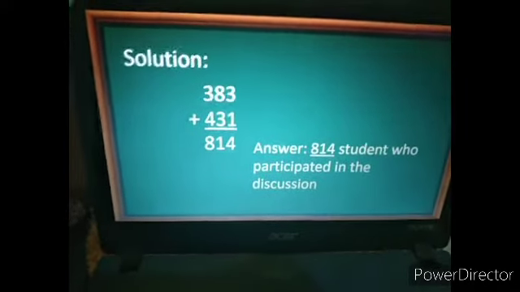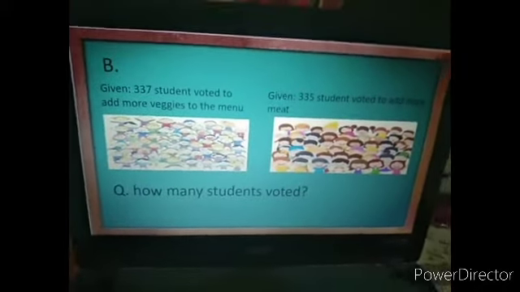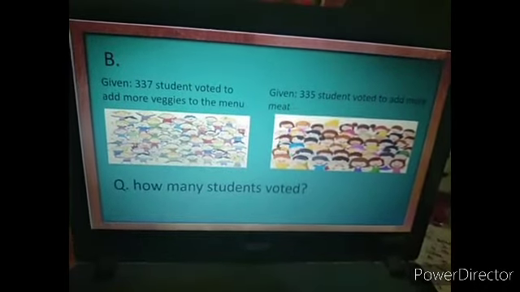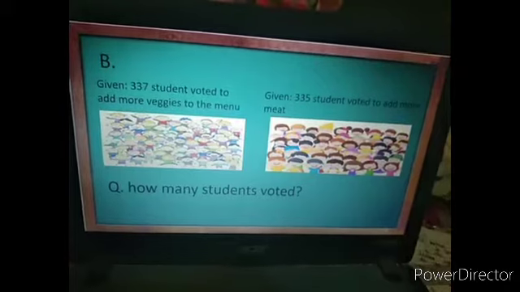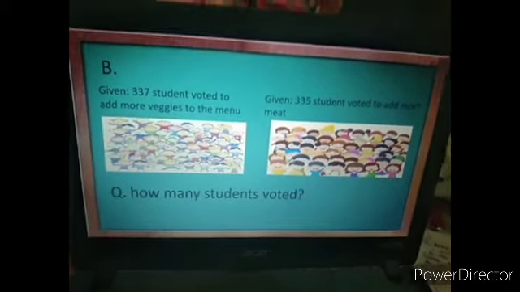Next, let's proceed to letter B. The given numbers are 337 students who voted to add more veggies to the menu, and 335 students who voted to add more meat. The question is how many students voted.